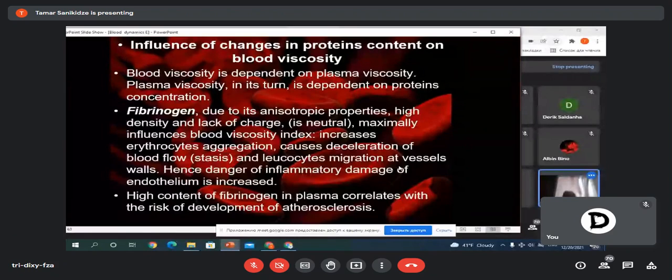Blood plasma viscosity is determined by the protein content in the blood.